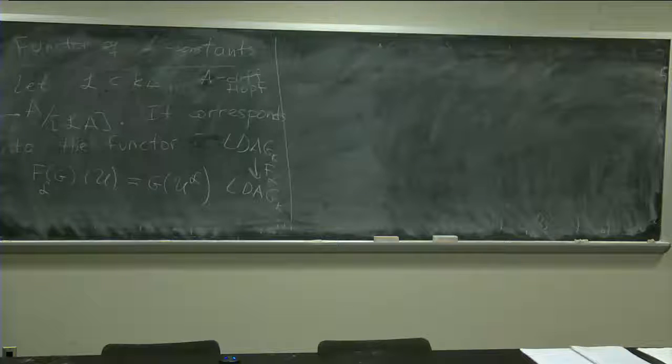Yes, G corresponds to A. I'd just like to know what that differential ideal is. G is by definition in the dual category, right? Yes, so that A is the coordinate ring of G.